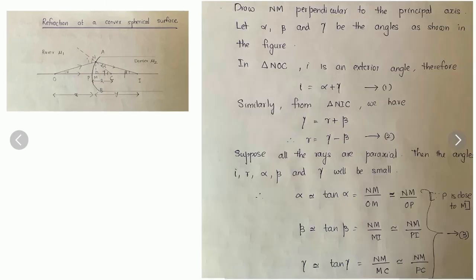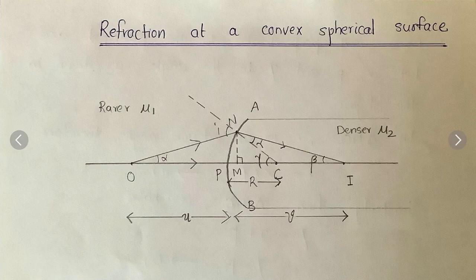And after that, let us see triangle NOC. You can see clearly. Go back to this one, NOC. So this is the triangle NOC. Here i is the exterior angle. Alpha and gamma are the interior angles.